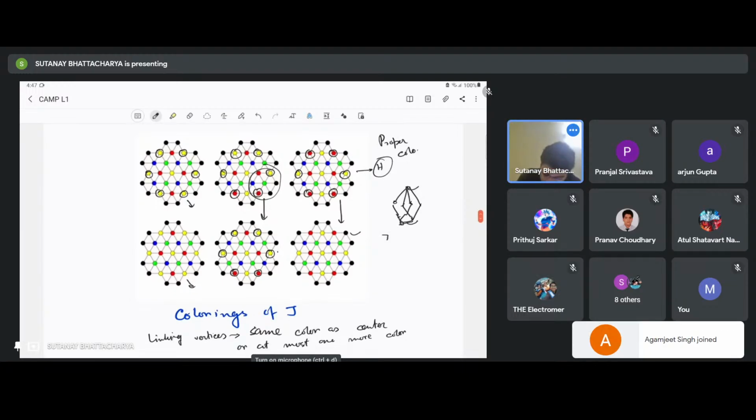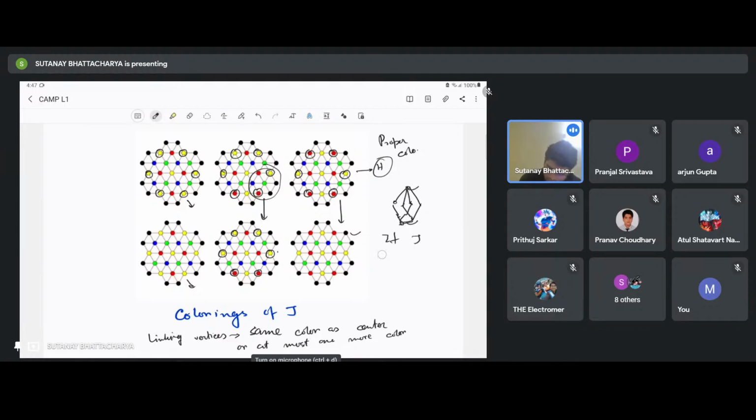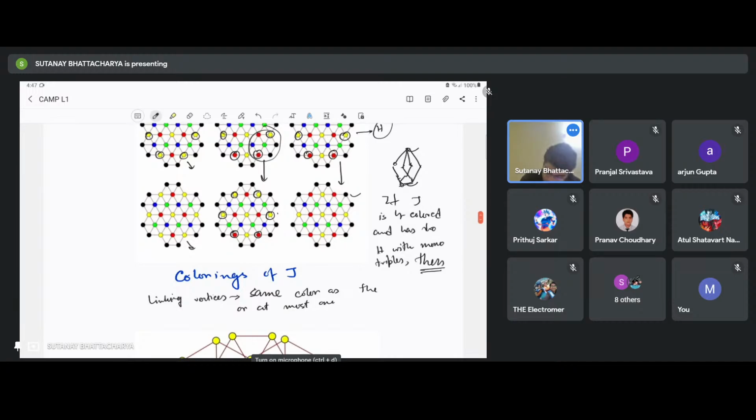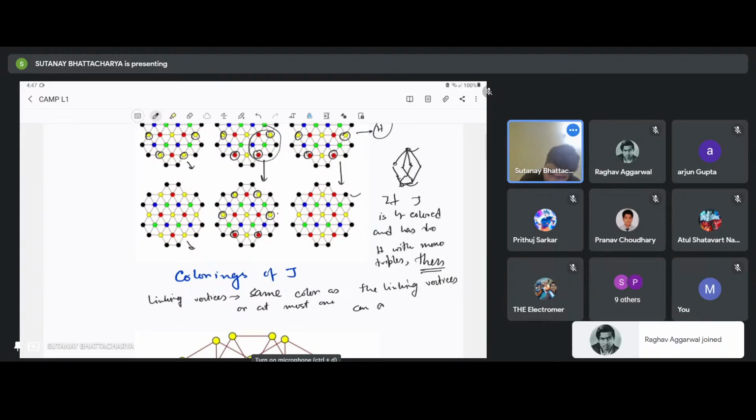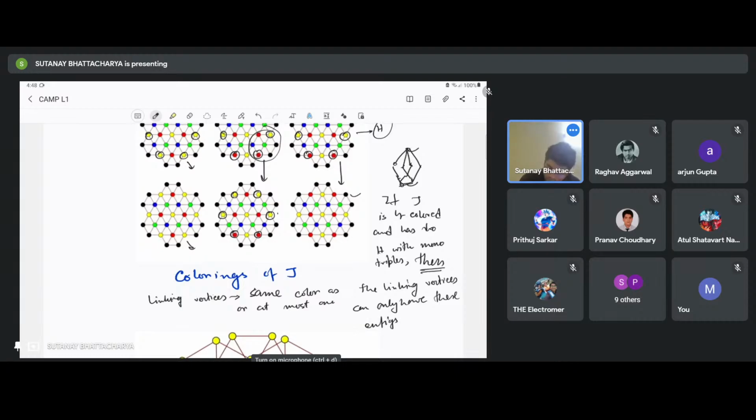So we have proved if J is 4-colored and has no hexagon with monochromatic triples, then you can say that the linking vertices can only have these specific configurations.